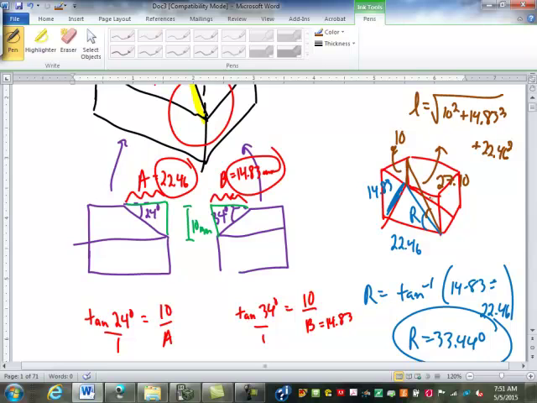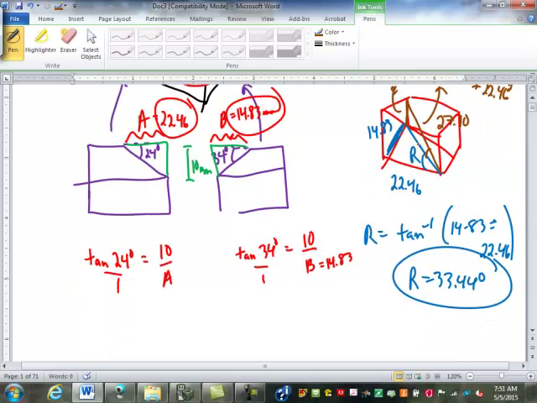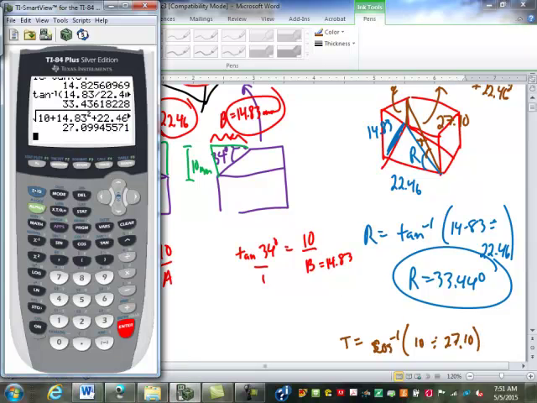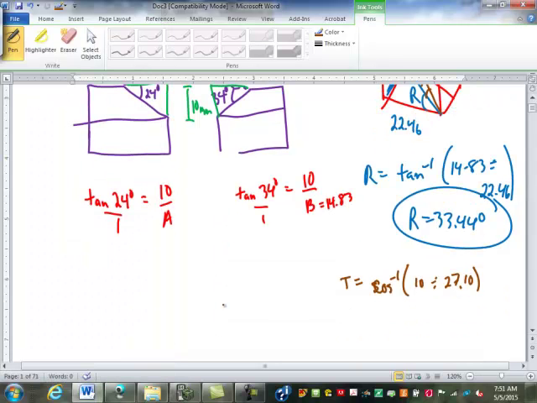And now T is the inverse cosine of 10 divided by 27.10. Something's not right there, is it?